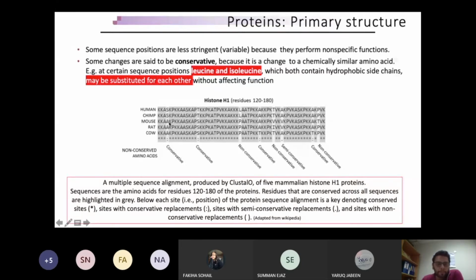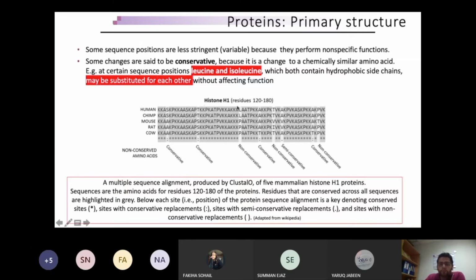You can see that the cytochrome C molecule is present almost in all organisms, but evolutionarily there are some very important functions performed by this protein. Sorry, this is the histone 1 protein, it's not the cytochrome protein; that was the previous one.